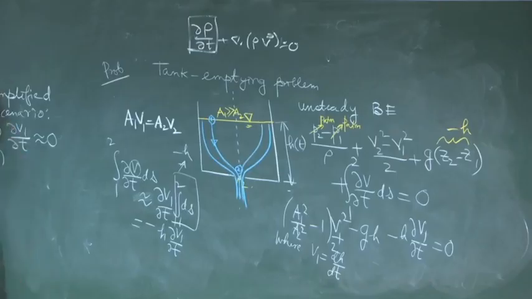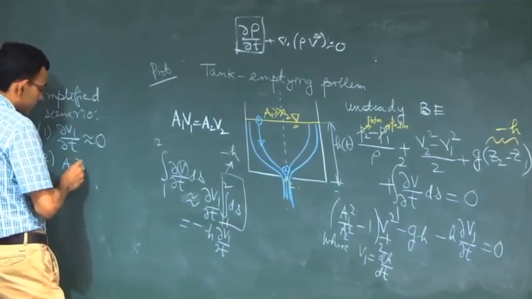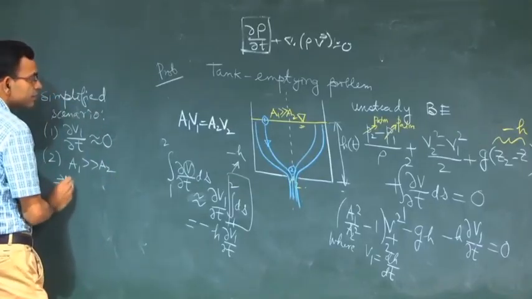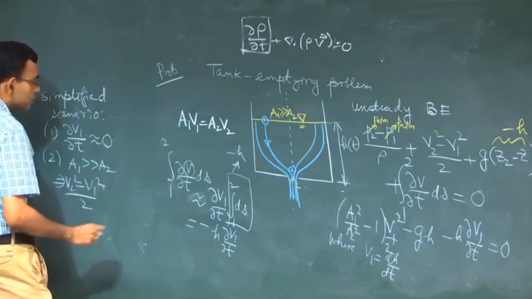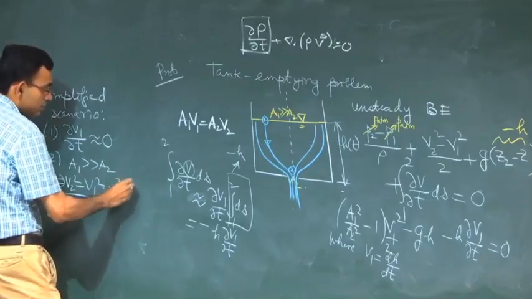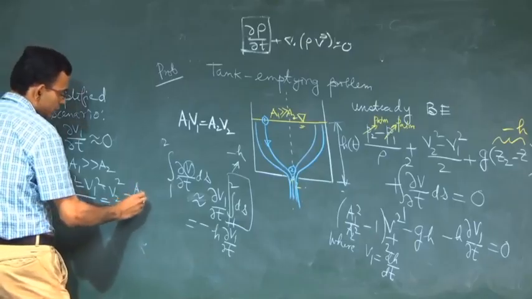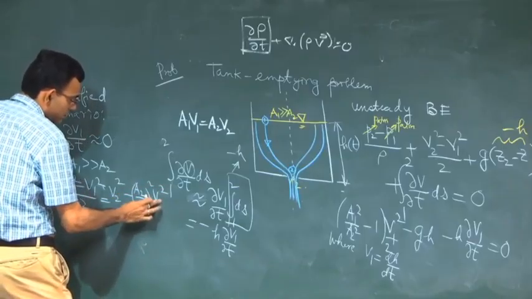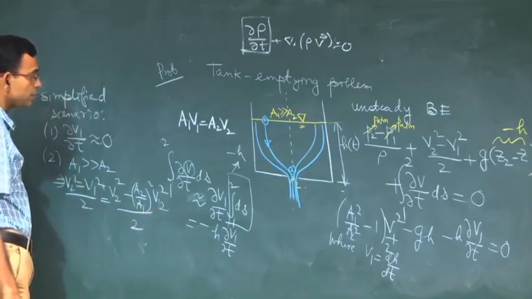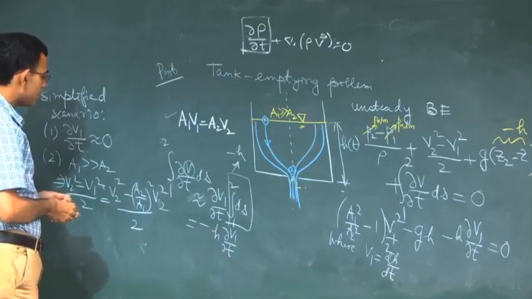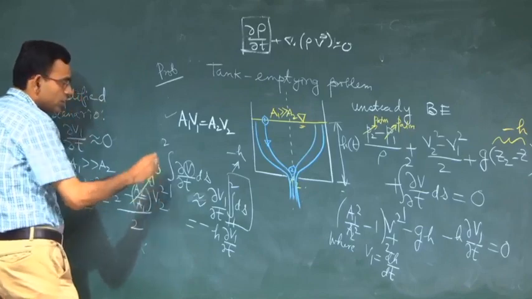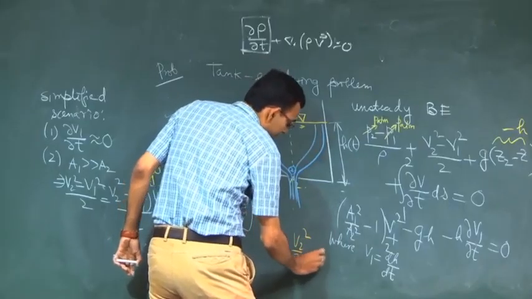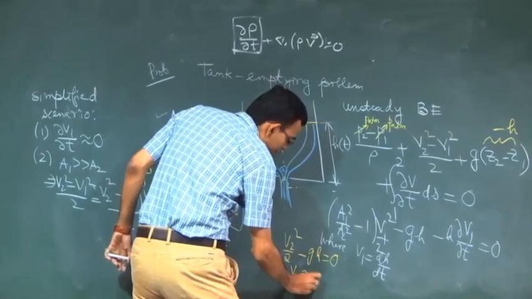Then, right from this equation, and because A2 is much less than A1, this term can be neglected. So, this equation is left with V2 square by 2 minus GH equal to 0. So, V2 is approximately equal to root 2 GH.